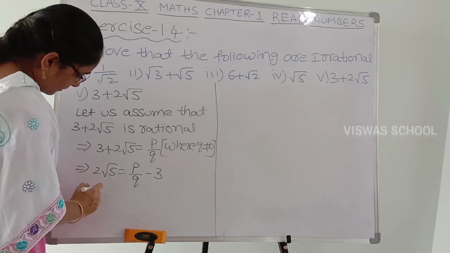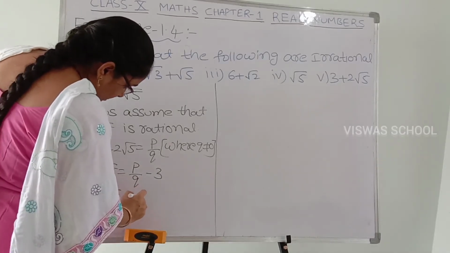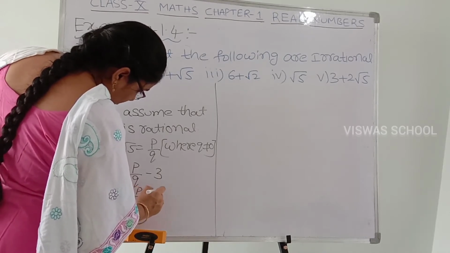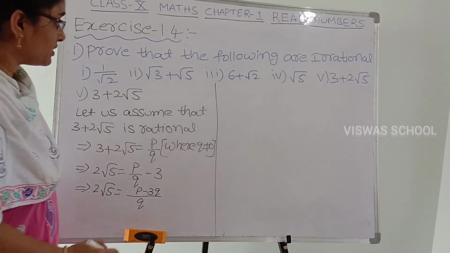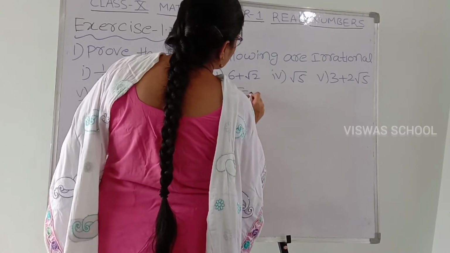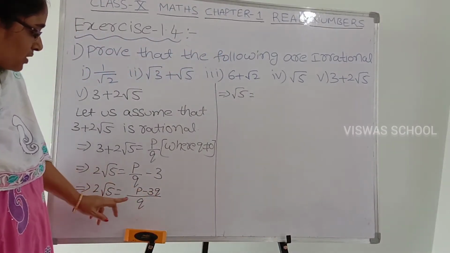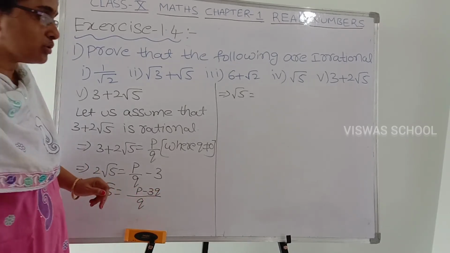Here 2 root 5 equals, the LCM is q, so p minus 3q by q. Now root 5 equals p minus 3q by, write this 2 also on the RHS side, p minus 3q by 2q.